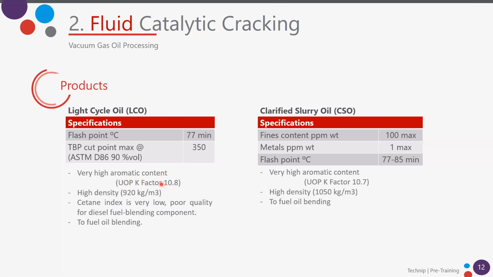In this case, we have a low K factor, which means that there is highly aromatic content in these streams, okay? They have high density. The cetane index is very low, so we will use both these streams in the fuel oil blending.